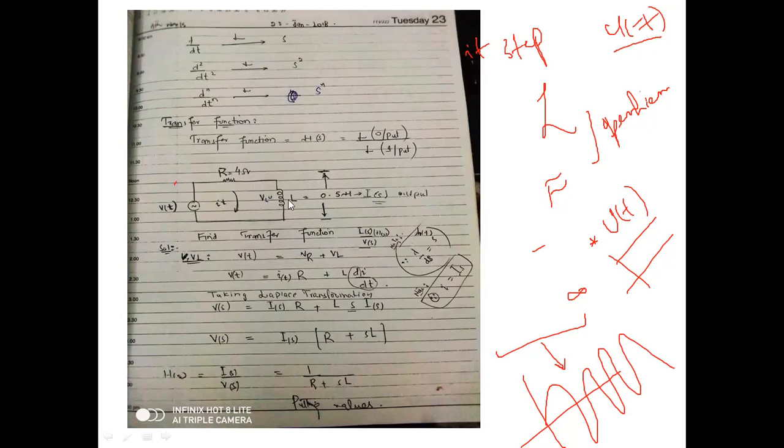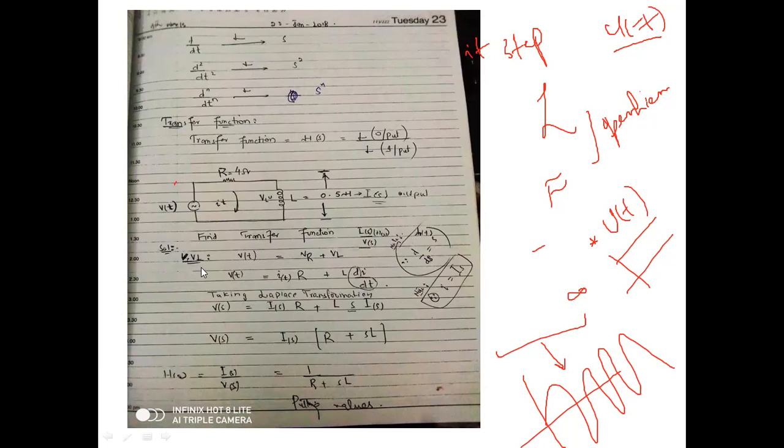This is a series circuit, so in series the current through all the elements is the same. So I is our output term, and this supply v of t is our input. Okay, so we have to find I over V of s.